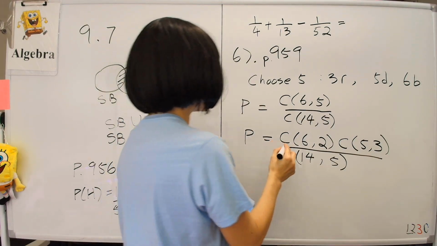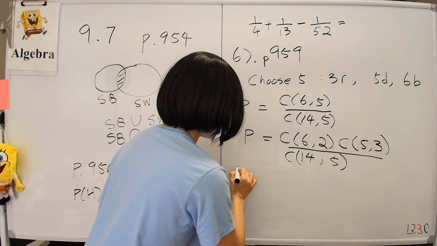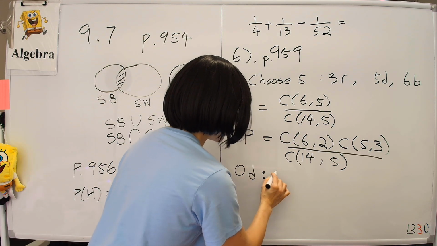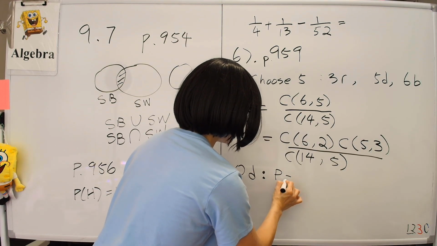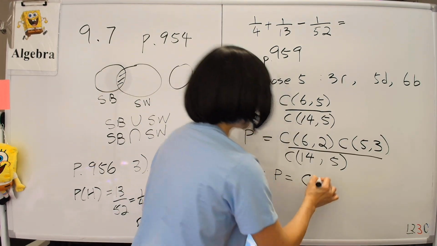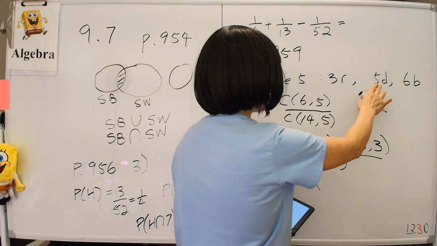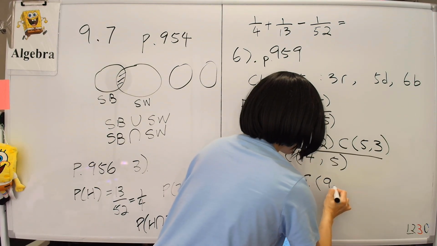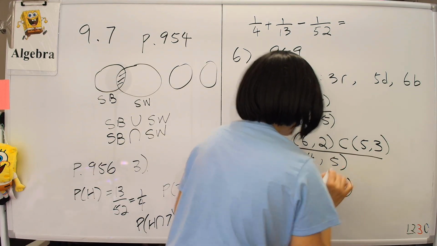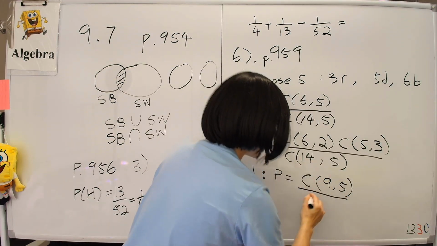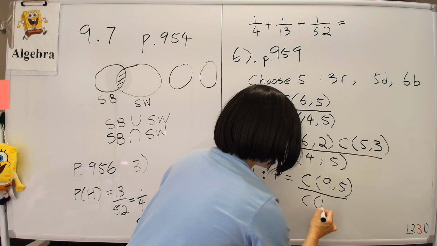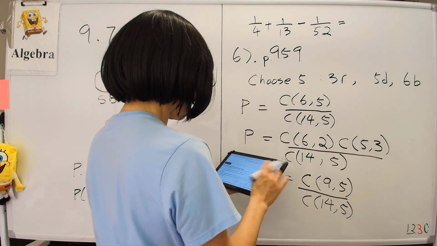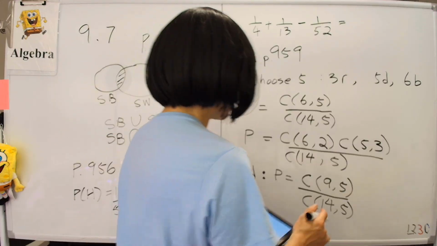So for 0D, the probability will be 9 choose 5 divided by the same denominator as before, 14 choose 5.